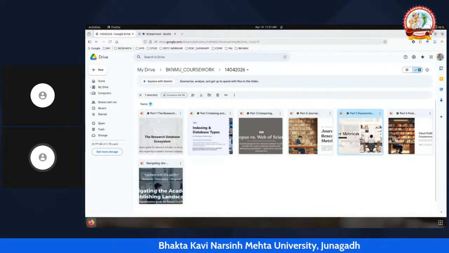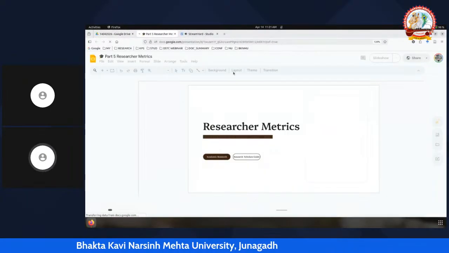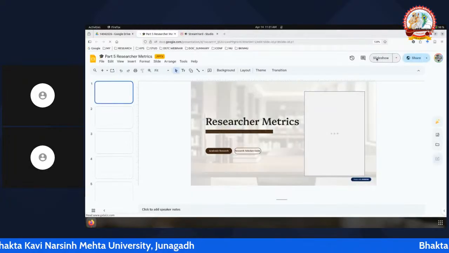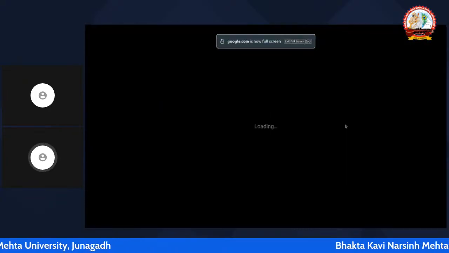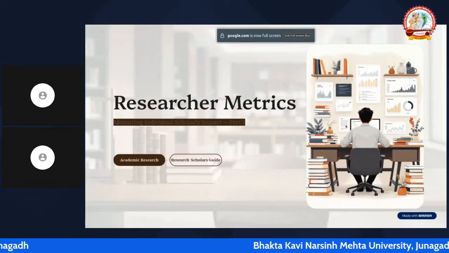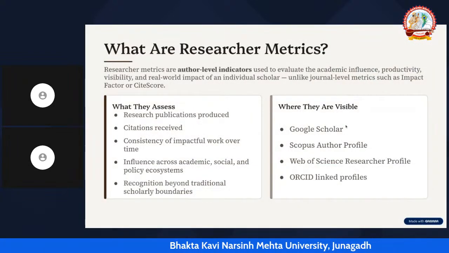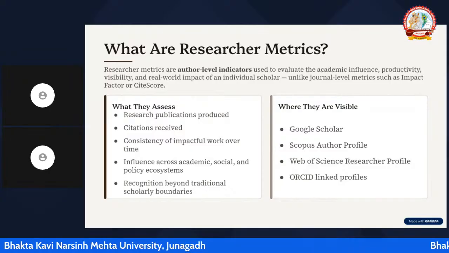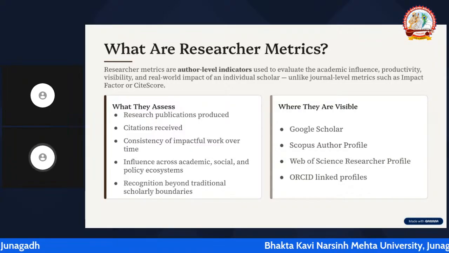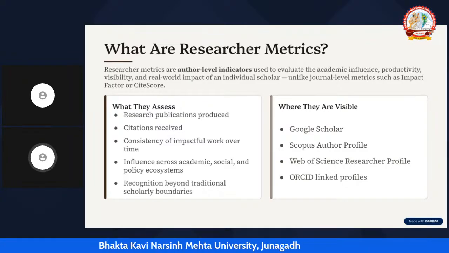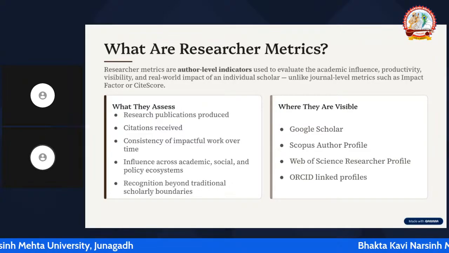We have another one. All the researchers, all the research scholars majorly focus on these particular metrics, research metrics: author level indicators. We can identify the authenticity or visibility of a particular author, whether they are visible or not.